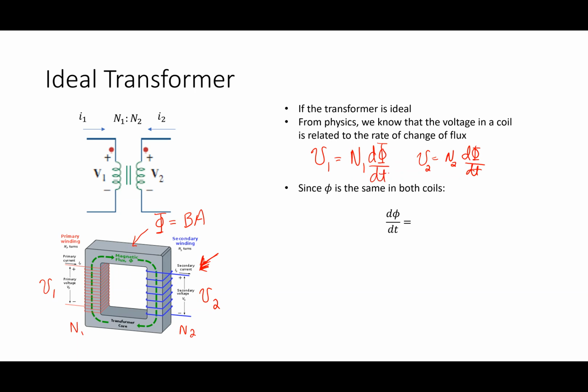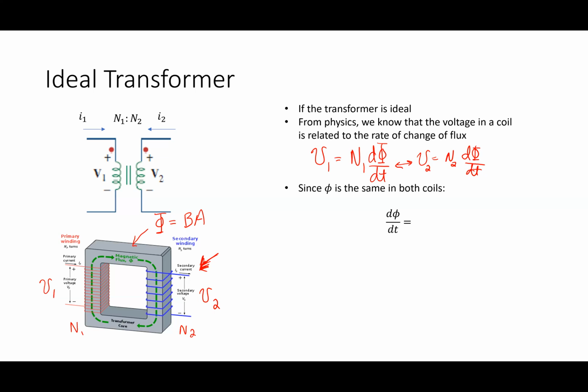Now the phi is the same going through that thing. And so if I look at these two equations right here, that gives me a way to relate them. Yeah, the phi is the same, right?